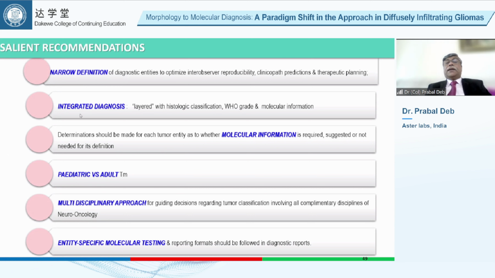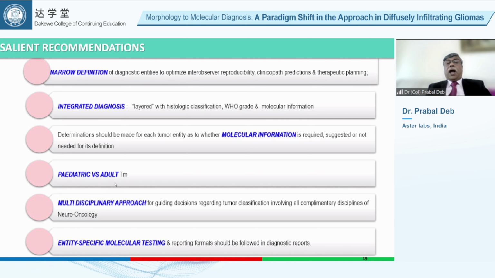There should be an integrated diagnosis incorporating histological, WHO grade, and molecular information. We must endeavor to identify key molecular information for tumors, mostly in gliomas, because that would have a direct connotation on the outcome and treatment of tumors.